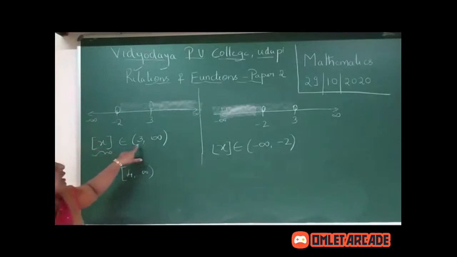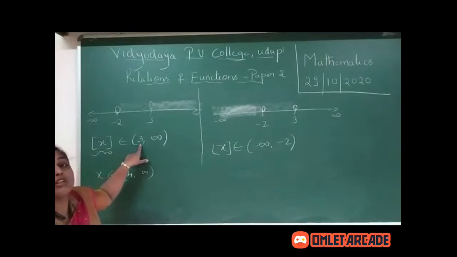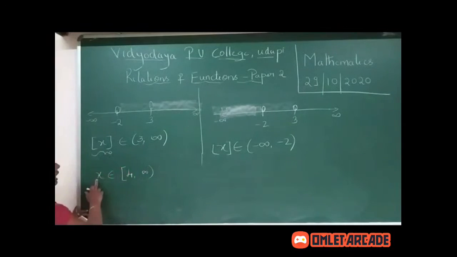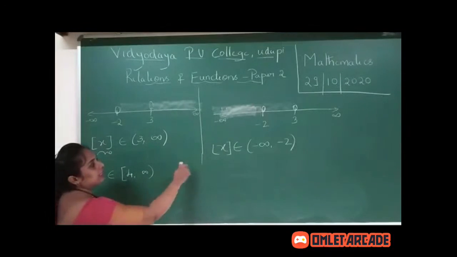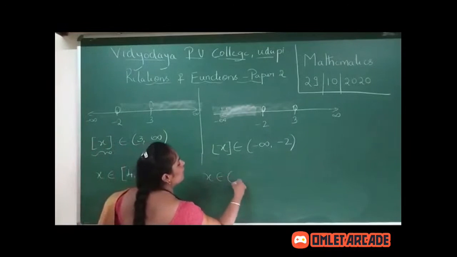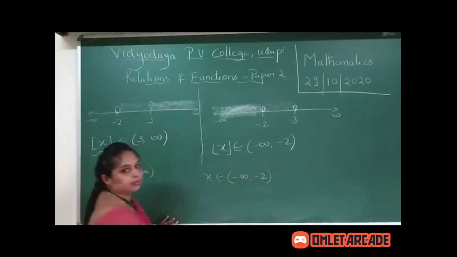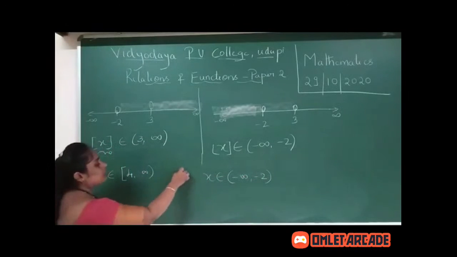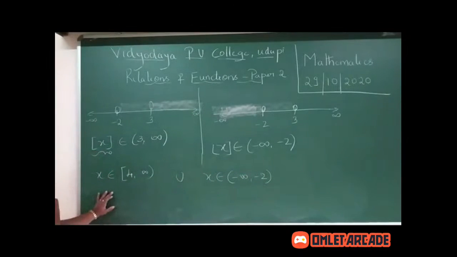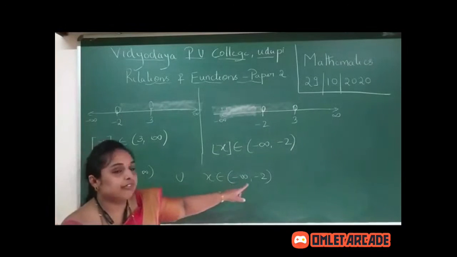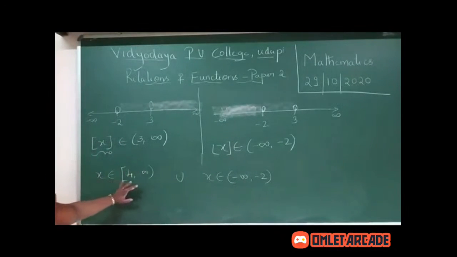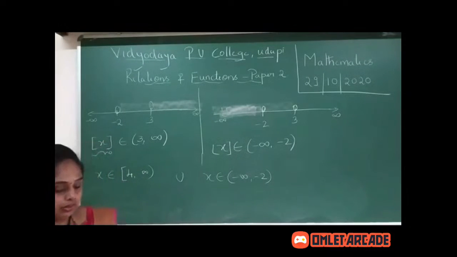Greatest integer open interval 3 will be 4. So x belongs to 4 to infinity, and here x belongs to minus infinity to minus 2. So union of that will be the second option: minus infinity to minus 2 union 4 to infinity. Even the third option is not correct, even the fourth. So the second is the correct option.